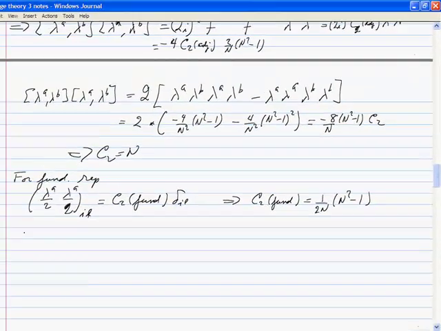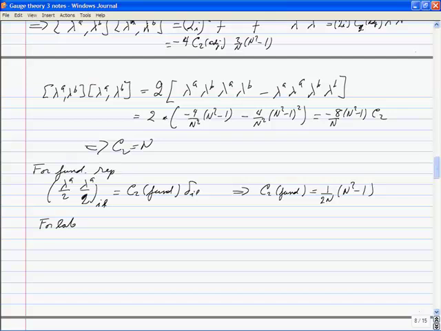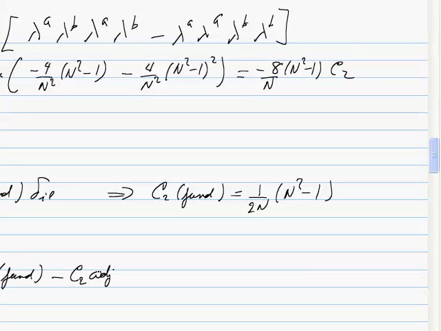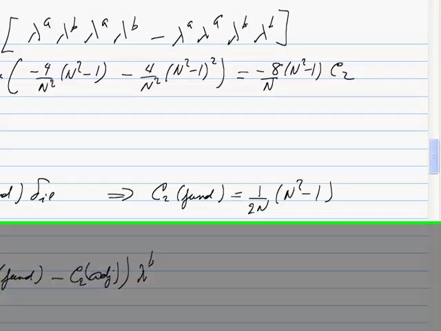And the other thing I'm going to do for later is write the identity that we had there, lambda A, lambda B, lambda A, in terms of these Casimirs, is 4 C2 fundamental minus C2 adjoint, lambda B. If you plug it through, that works out.